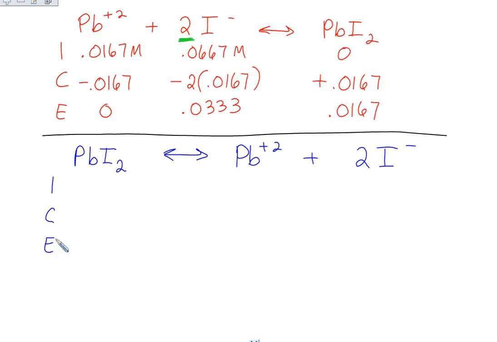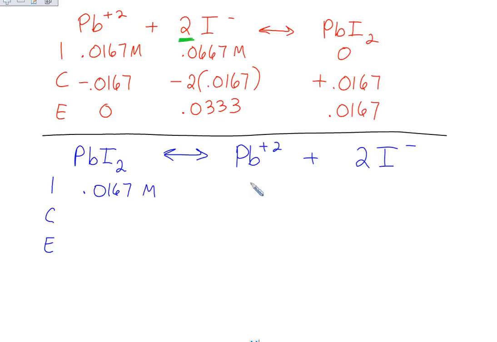ICE. We'll fill this in with the concentrations we calculated above. So after I shifted it as completely as possible with the limiting reactant calculation, I was left with 0.0167. You could say moles per liter, or M. There's the lead iodide.